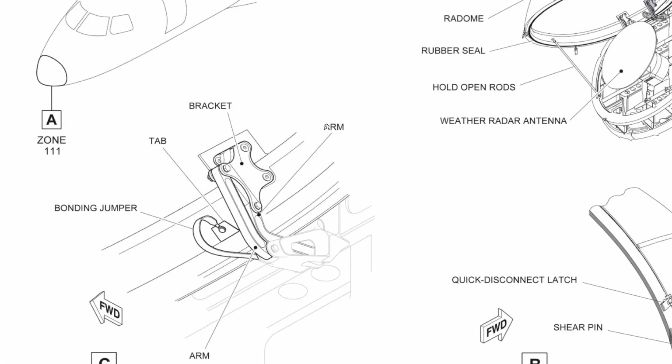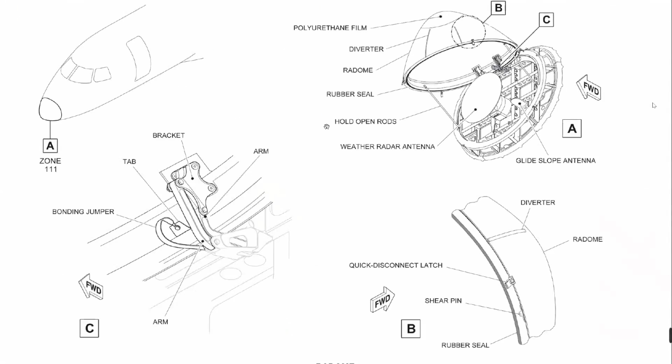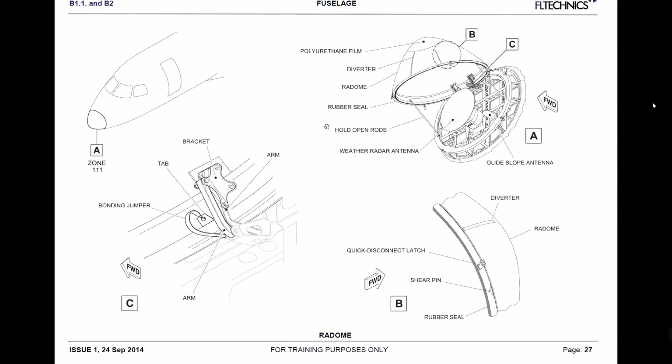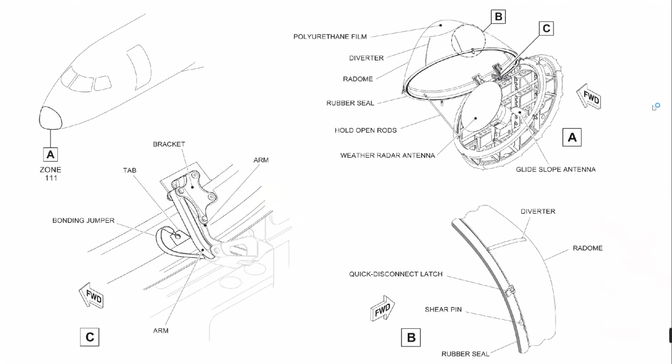So what else? As I told you, when you are protecting the radome, because it's composite, if you find some paint missing, to avoid additional damage we have to protect it. One way is to use this polyurethane film, but there is also another specific tape.